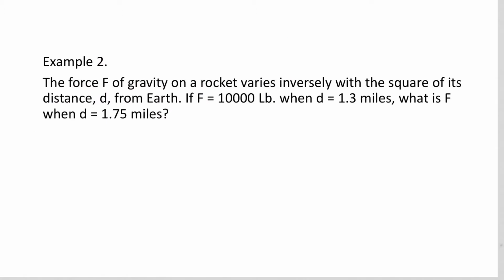This next problem is an example of an inverse square relationship. So this says the force of gravity on a rocket varies inversely with the square of its distance d from Earth. So we have two variables again, f and d, and this is key, square, and this is key, inversely.